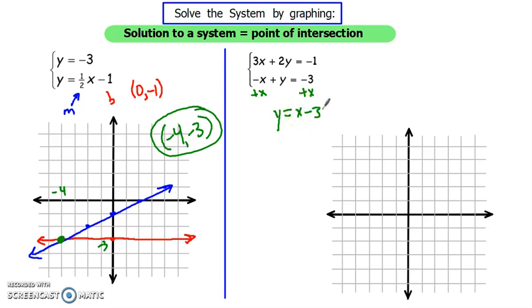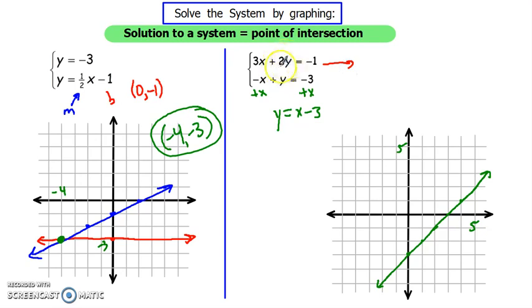And again, that gives us the opportunity to go down to -3 with a slope of 1 and graph our line. So we're going to draw as straight a line as we can on our graph. Again, assuming we're counting by ones on our graph. Then we'll go back to our second equation.